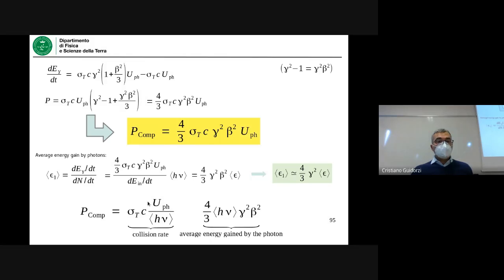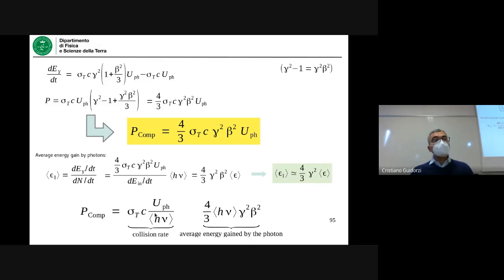So number of photons per unit volume times velocity: a density of something times velocity is the flux of that something. So this is the flux, the number of photons per unit area per unit time, times the cross section that describes the interaction between photons and electrons.